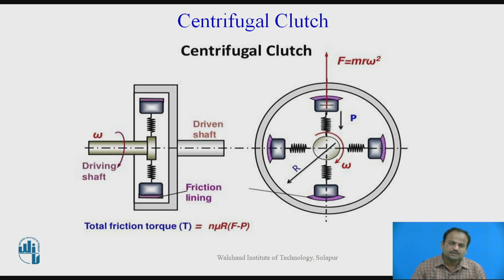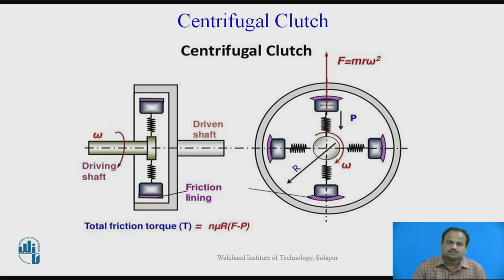Whenever the speed is less, there is disengagement automatically, and the required purpose can be solved with the help of this particular clutch. So this particular clutch is also called as automatic clutch. This does not require any pedal or any pedal force.